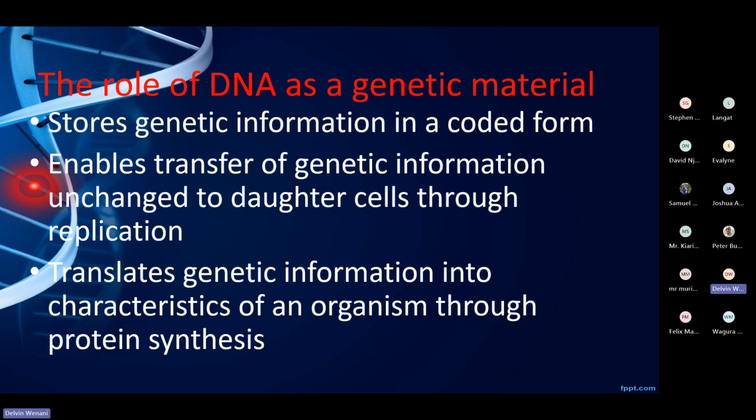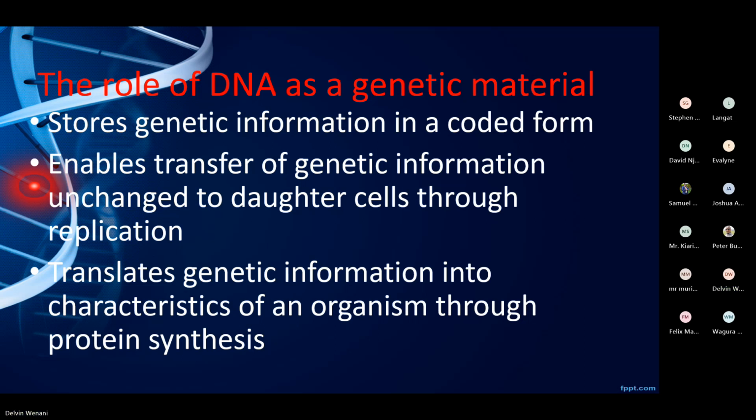Coded means it can only be interpreted by the target. For example, if the information is transmitted to a specific protein, it's only that protein that will be able to decode that information and change it into a characteristic. So that's why we say it is transmitted in coded form, so that something in between cannot understand the information being transmitted.